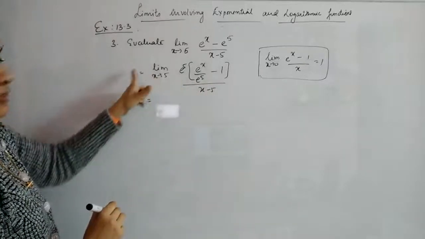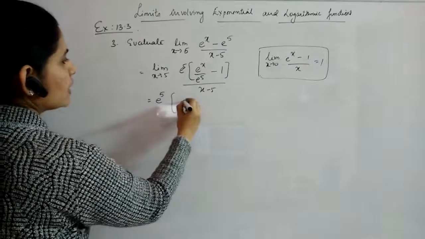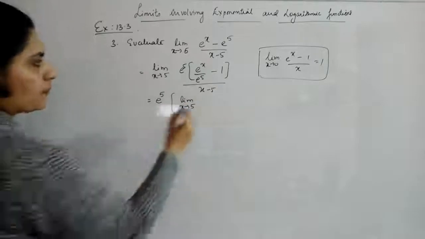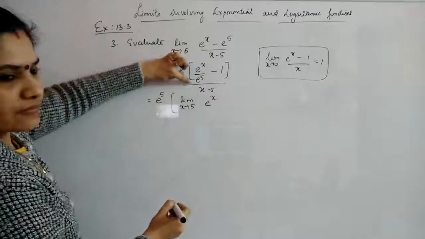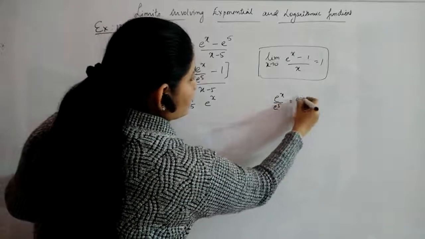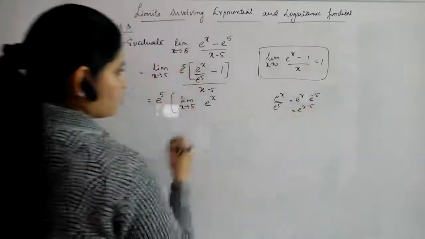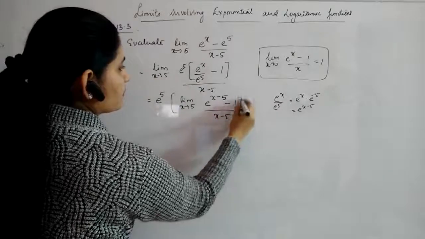Now e raised to 5 can be taken out from the limit. E raised to 5 into limit x tends to 5, e raised to x by e raised to 5, which is e raised to x into e raised to minus 5, or e raised to x minus 5. So this will become e raised to x minus 5 minus 1, divided by x minus 5.